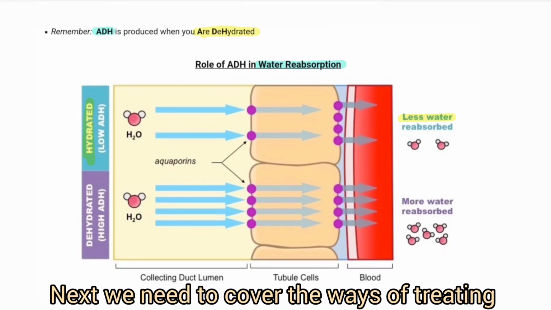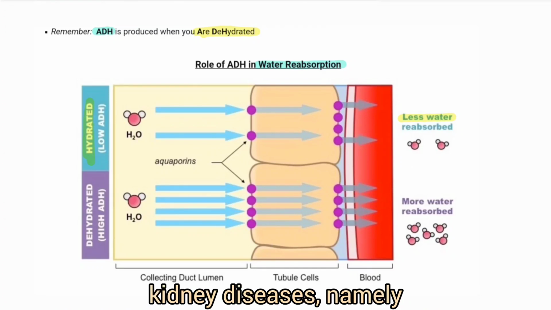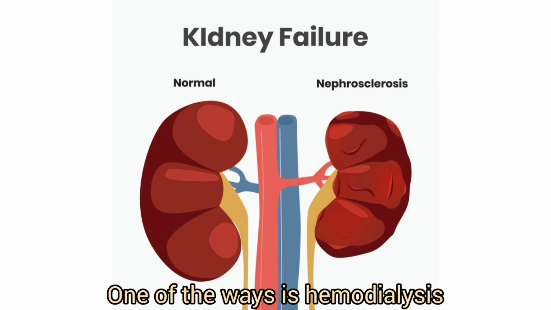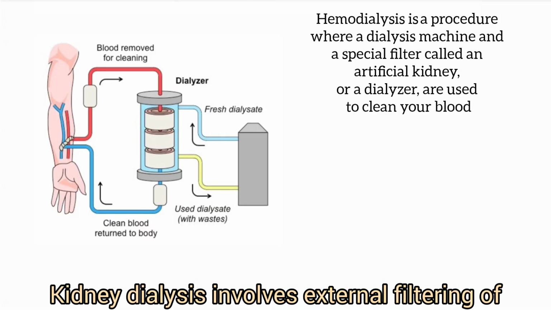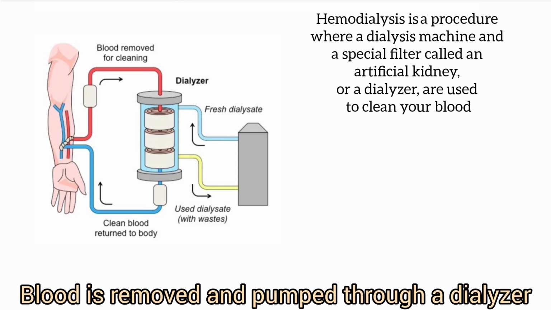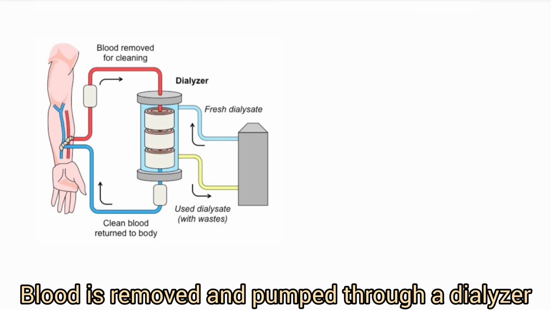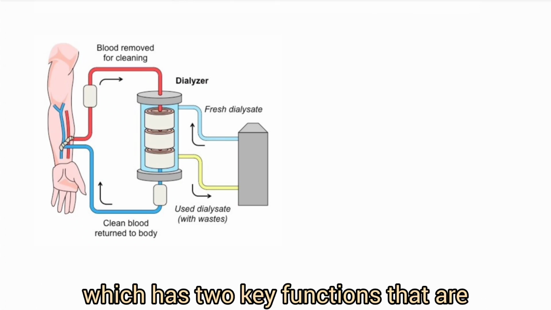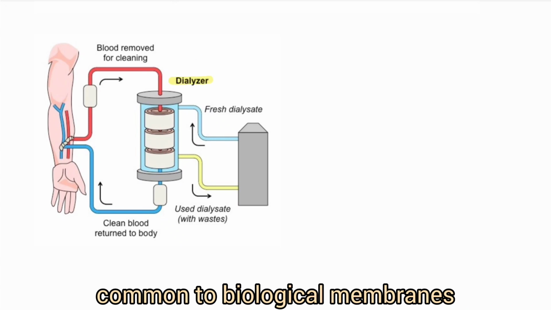Next, we need to cover ways of treating kidney diseases, namely kidney failure. One of the ways is hemodialysis. Kidney dialysis involves the external filtering of blood in order to remove metabolic waste in patients with kidney failure. Blood is removed and pumped through the dialyzer, which has two key functions that are common in biological membranes.